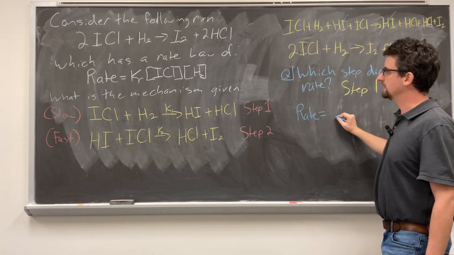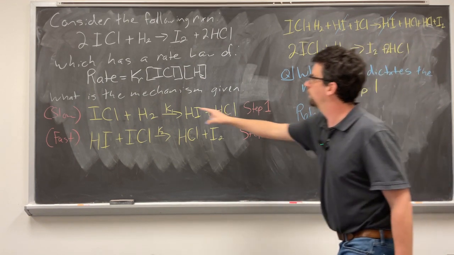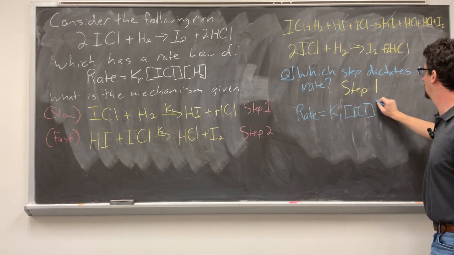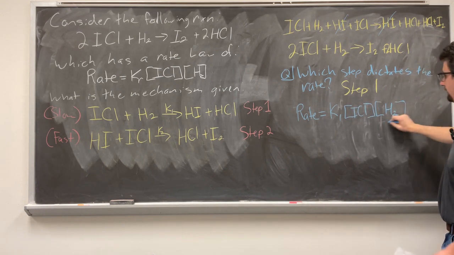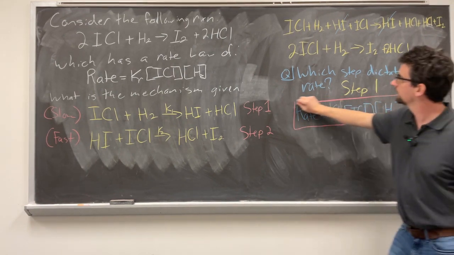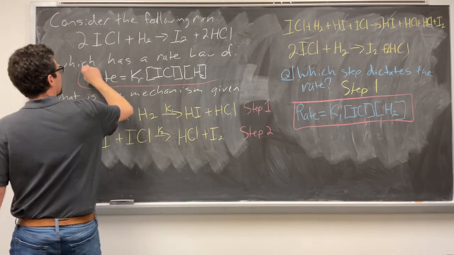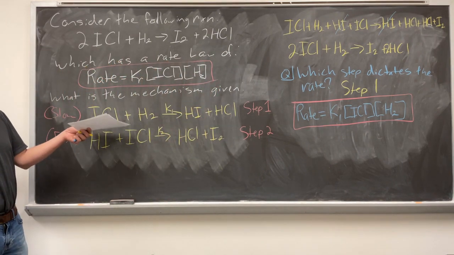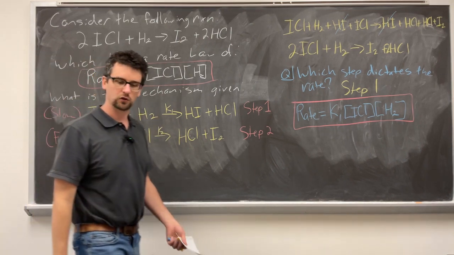We have rate is equal to K1, concentration of ICl, concentration of H2. And hey, if we explore this, look, these two match. So that provides evidence that the mechanism that we have proposed is correct.